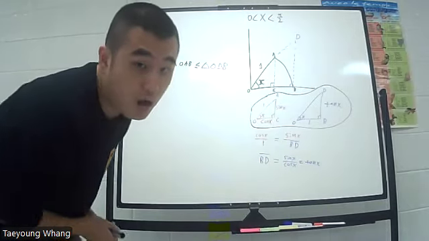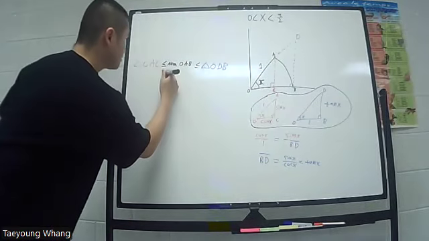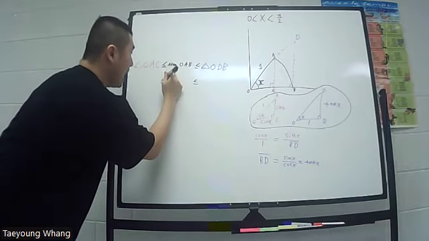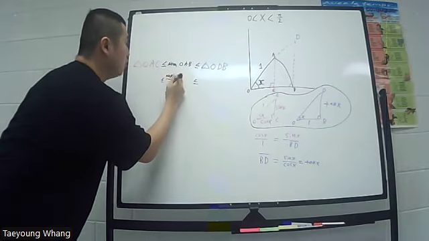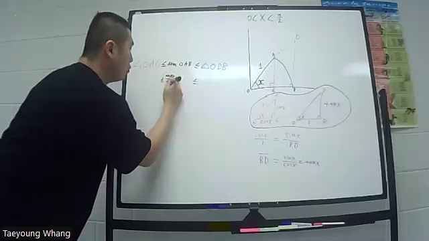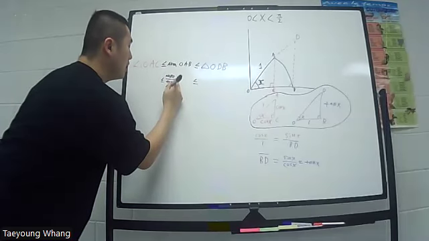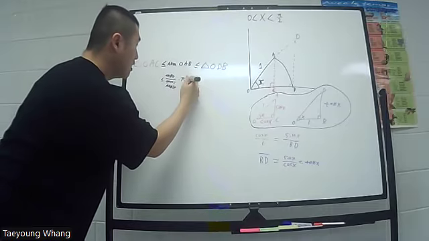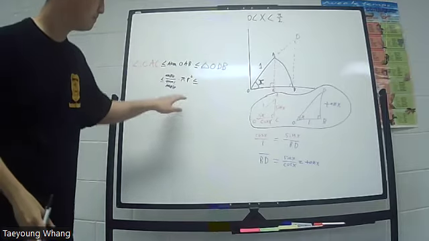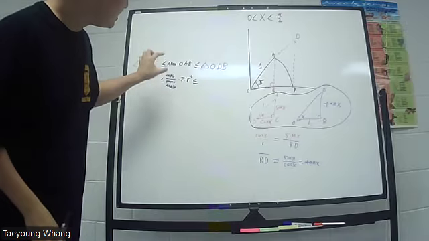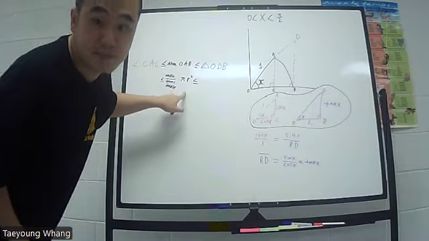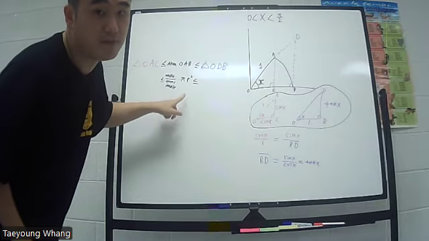The area of the sector is the angle over total angle multiplied by pi r squared. This angle over total angle represents the ratio, and this pi r squared represents the area of the circle itself.